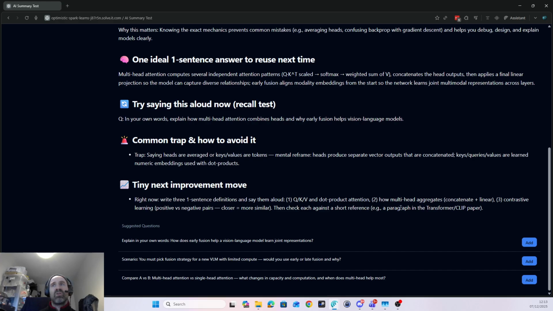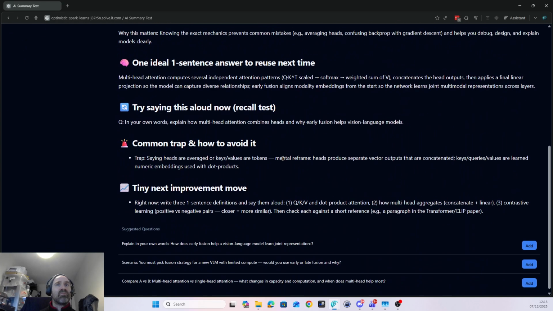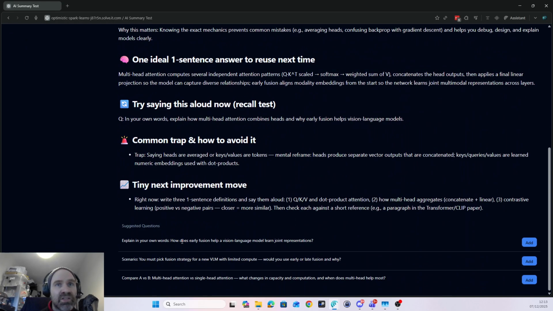So on this one, most of the things that it's picked out are things related to the QKV in transformers. So what questions has it suggested? Talking about how does early vision fusion improve learned joint representations? Scenario: you must pick a fusion strategy for a new VLM with limited compute. What would you use, early or late fusion, and why?